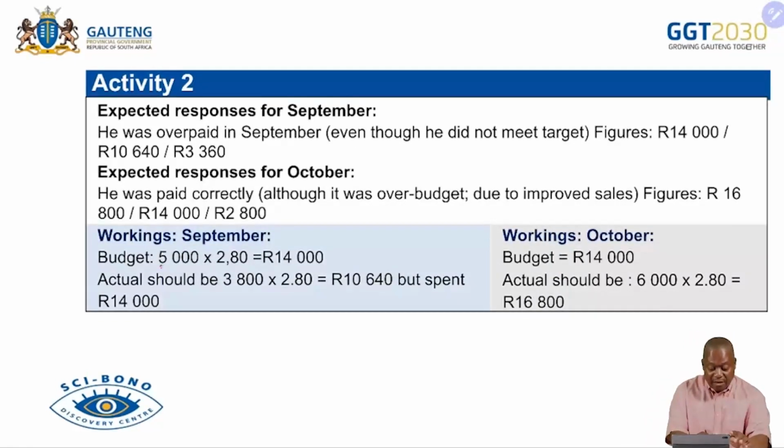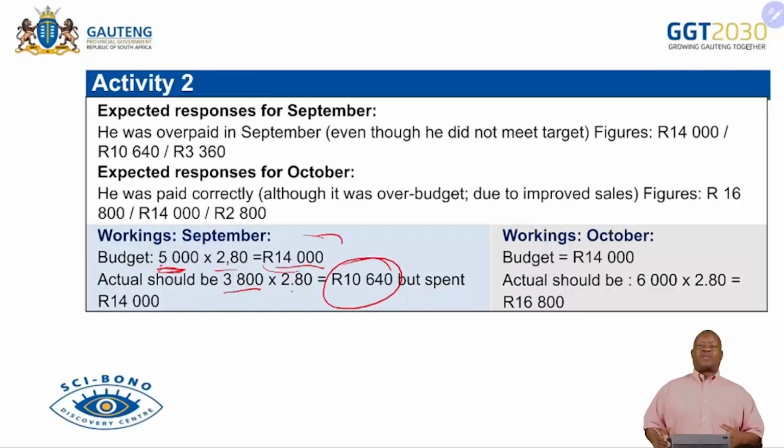Budgeted 5,000 at 2.8, which is 14,000. Because if you divide 2.8 into 14, you get 5,000. But actually, what happened? It was less. So we should have been expecting 2.8 by 3.8, which means we are expecting to pay them 10,640.